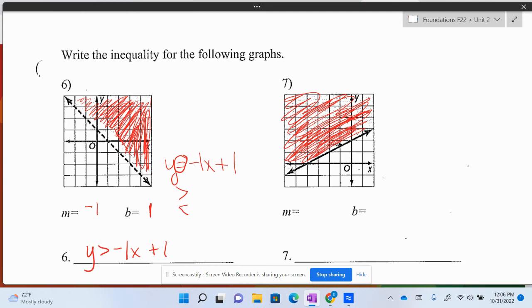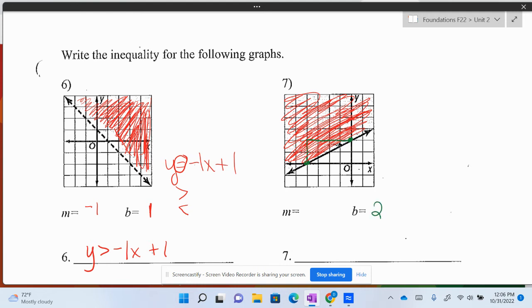Number 7. What is the slope and the y-intercept? Eli, look at number 7. I'll help you out. Here are your points. You have a point right here and a point right here. What's the slope and the y-intercept? Remember, your slope is how much you go up and how much you go over.